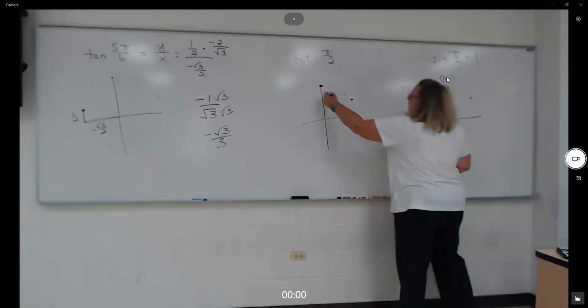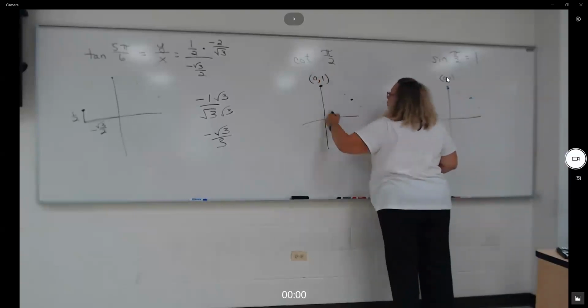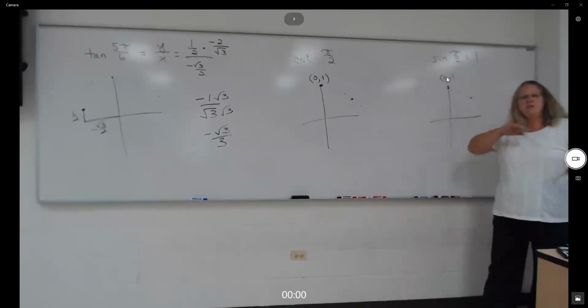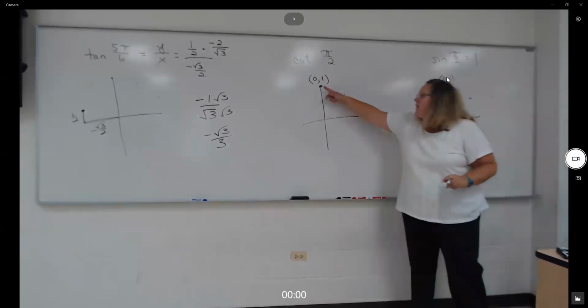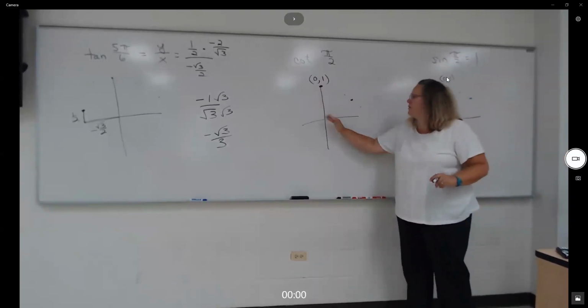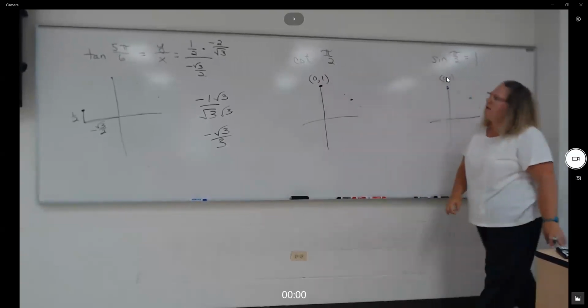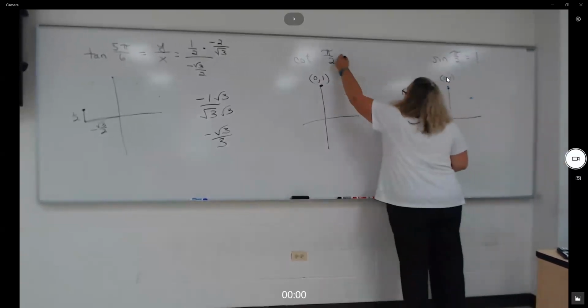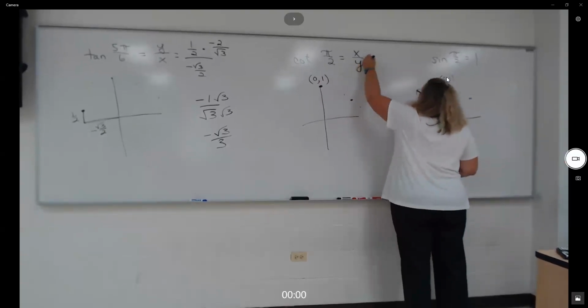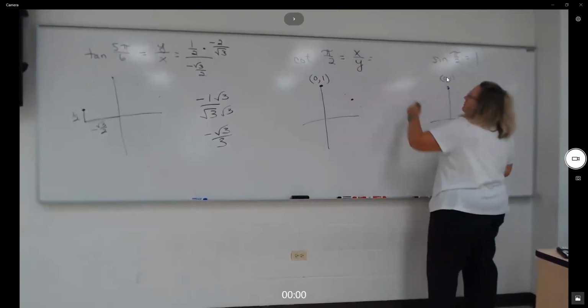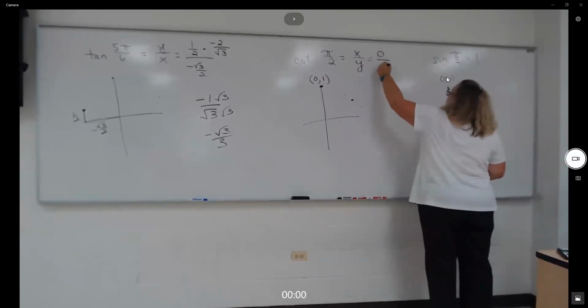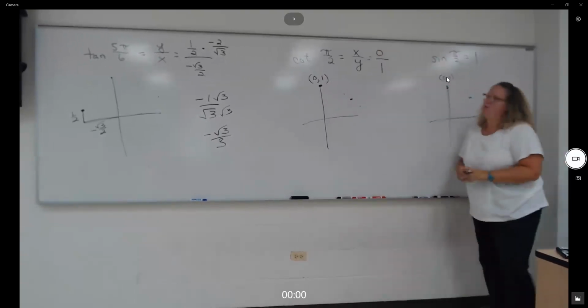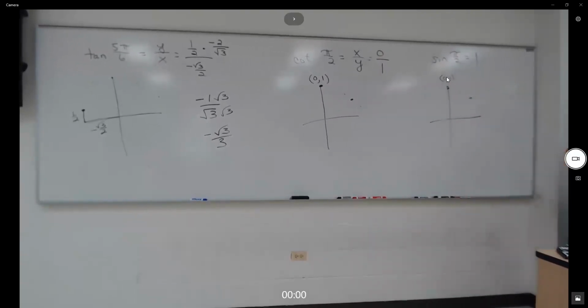So this is 0, 1. And then you just think you're on an xy coordinate plane. Cotangent is x over y. X is 0, y is 1. 0 over 1 equals 0.